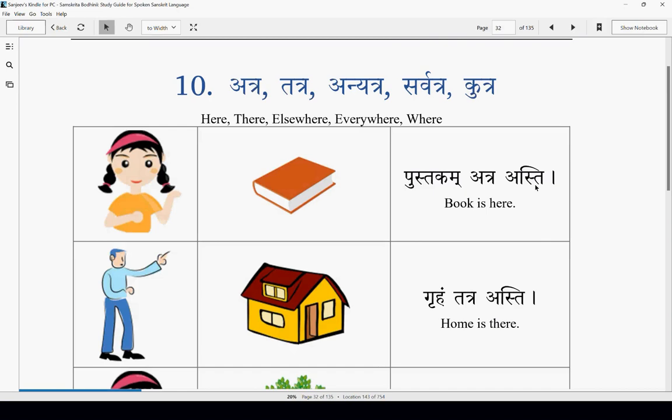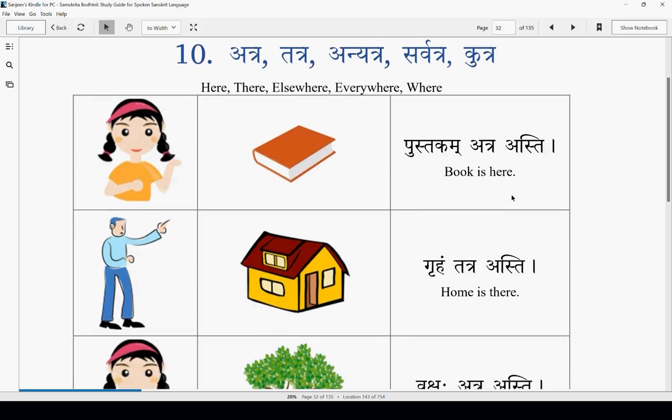Here also asti, if you are interested, can be omitted. Pustakam atra means atra asti ityeva arthaha. The meaning is same. Pustakam atra asti, pustakam atra, atra pustakam. You can also shuffle this around. Atra pustakam. Here is the book. Atra pustakam.